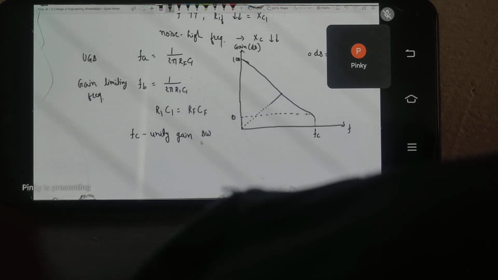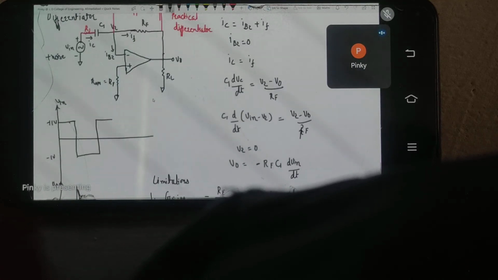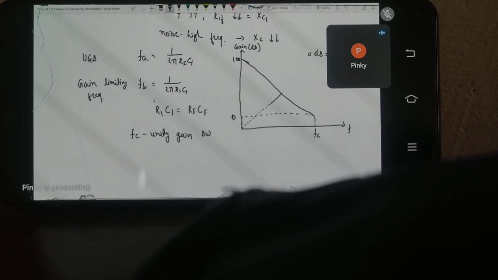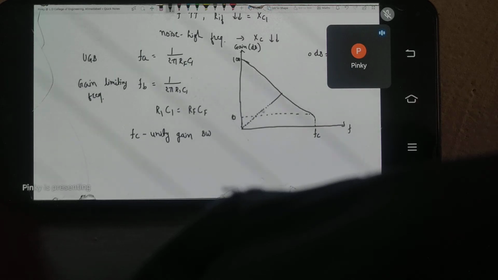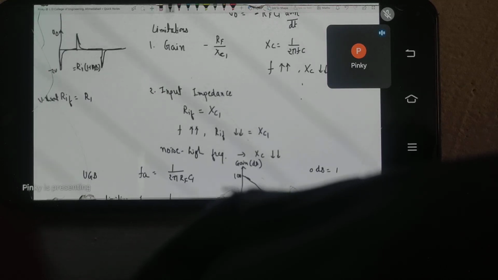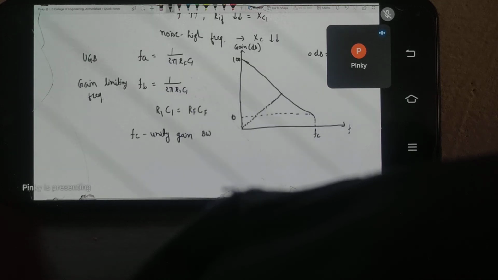Now, if we consider the basic differentiator with only Rf and C1, then as we have seen, as you increase the frequency, the gain is going to be increased, and it approaches the open loop response.